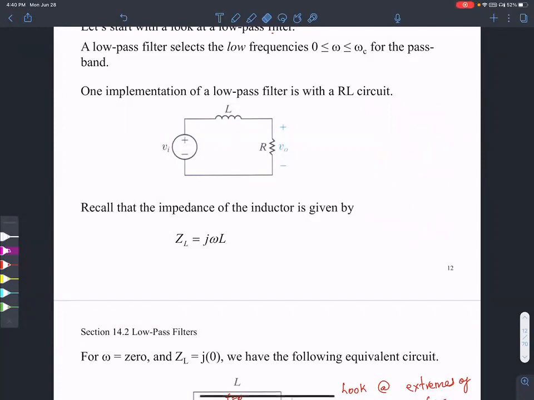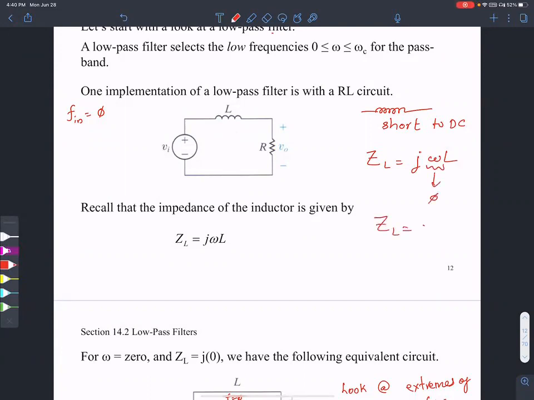Let's start with the frequency of the input equal to 0. An inductor acts as a short to DC. Remember, the ZL was J omega L. If the frequency omega is 0, then the impedance of this inductor is 0, meaning that it acts as a short.